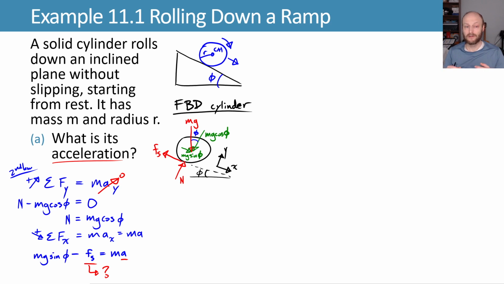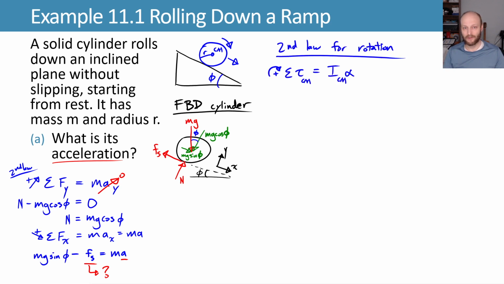For that, let's turn to applying Newton's second law for rotation. This says that the sum of our torques about any point is equal to I alpha. And here I propose that we choose the center of mass as the point to sum our torques about. This means that weight, mg, doesn't appear, and we're just left with Fs and N. But N acts straight through the center of mass, so there's no lever arm, so it won't appear either.